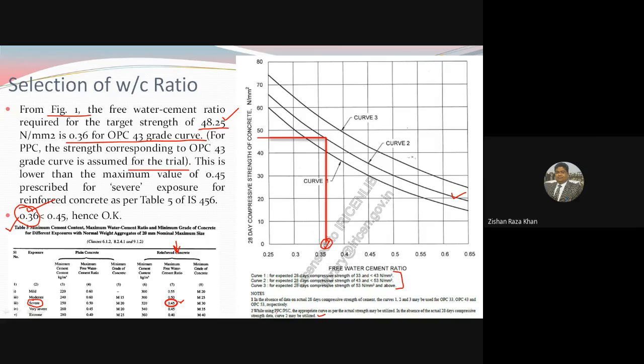The water cement ratio you have selected should be less than this. We found 0.36, which is less than 0.45, hence it is okay. The minimum grade of concrete is M30, and we are designing for M45, so it is also fine. It also gives data for minimum cement content, which we will look at in the next slide.